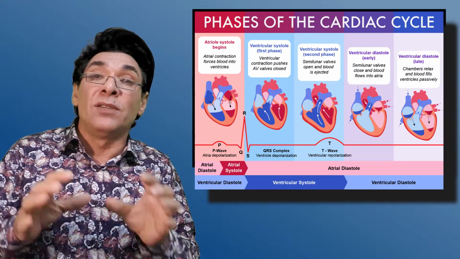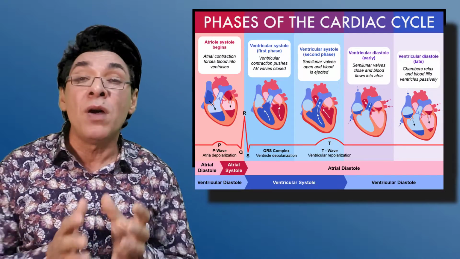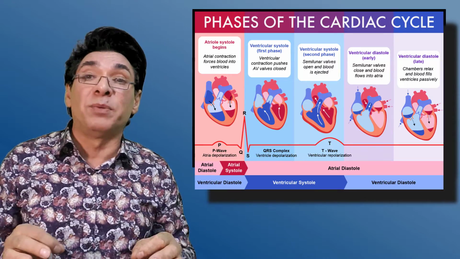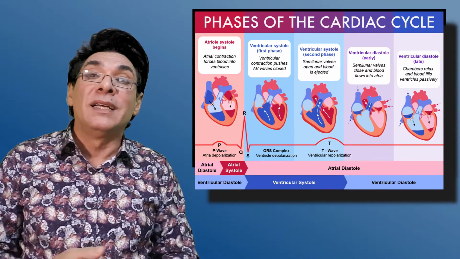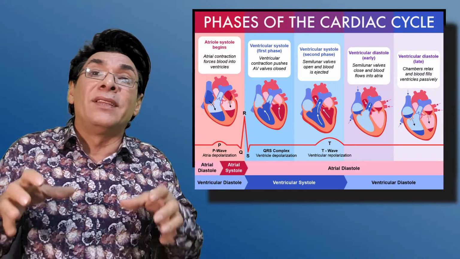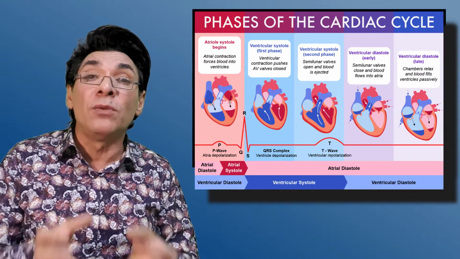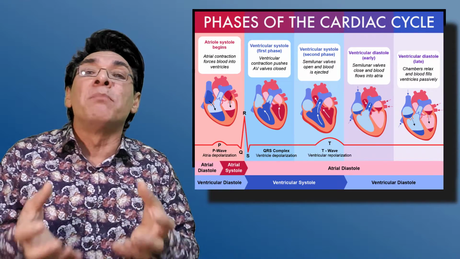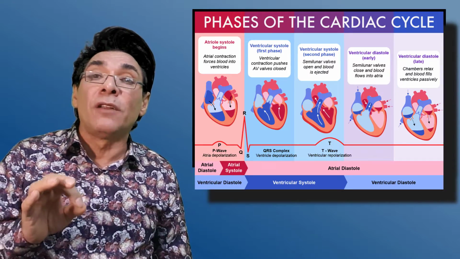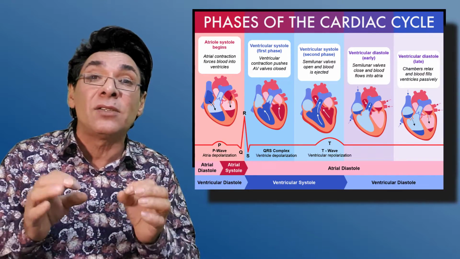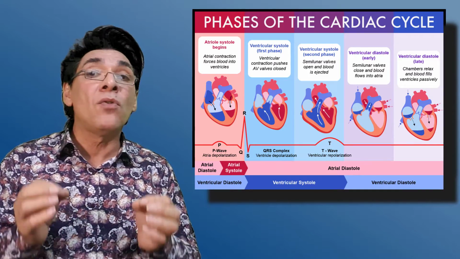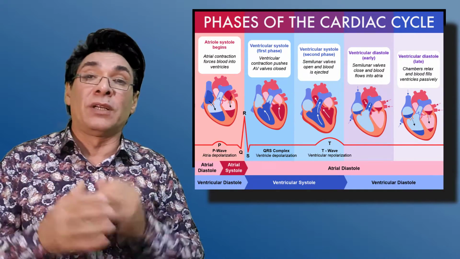This increase in pressure causes blood to flow back toward the atria, closing the tricuspid and mitral valves. Since blood is not being ejected from the ventricles at this early stage, the volume of blood within the chamber remains constant. Consequently, this initial phase of ventricular systole is known as isovolumic contraction, also called isovolumetric contraction.